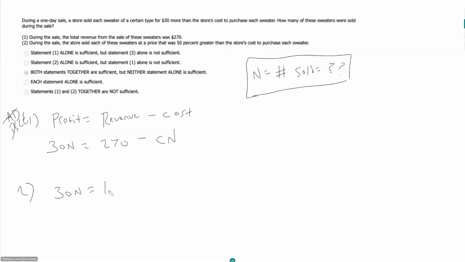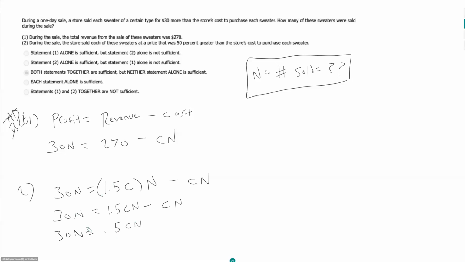So we get 1.5 C times N as our revenue, and our cost we'll still say is CN. And so 30N is equal to 1.5CN minus CN. So 30N is equal to 0.5CN.